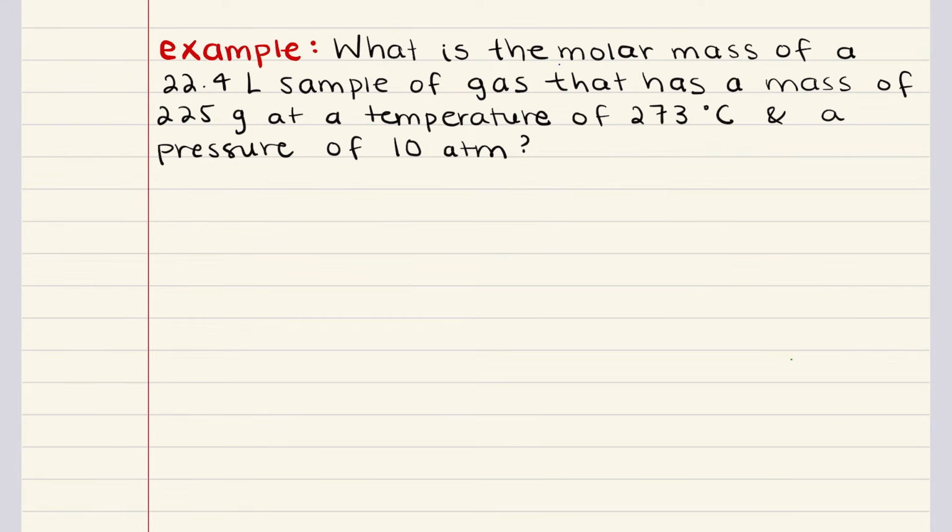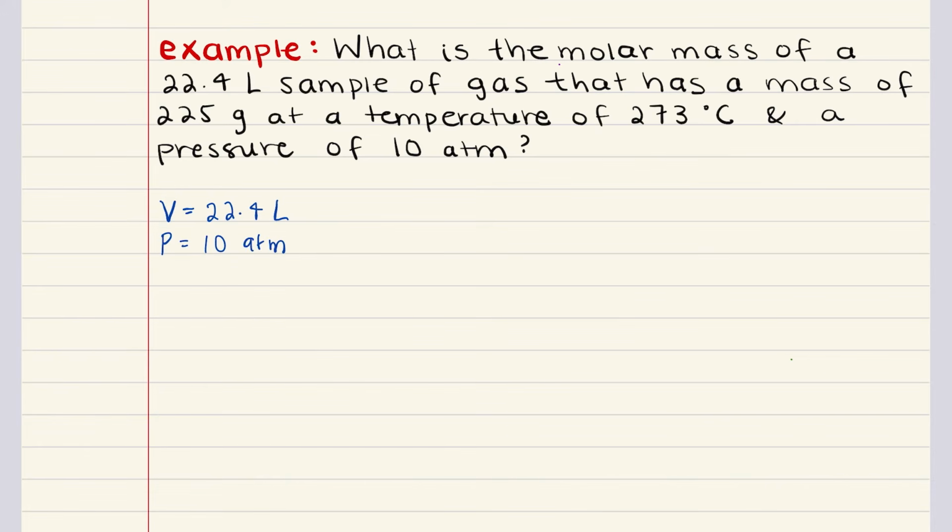This example says, what is the molar mass of a 22.4 liter sample of gas that has a mass of 225 grams at a temperature of 273 degrees Celsius and a pressure of 10 atmospheres? Let's go ahead and write down what we know. We know that the volume is 22.4 liters. We know that the pressure is 10 atmosphere.